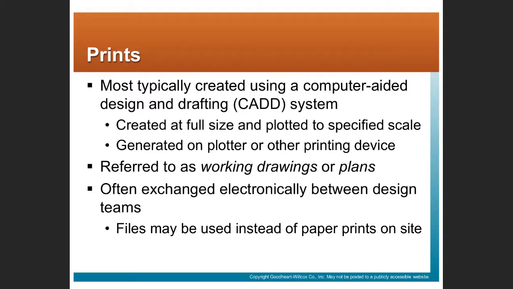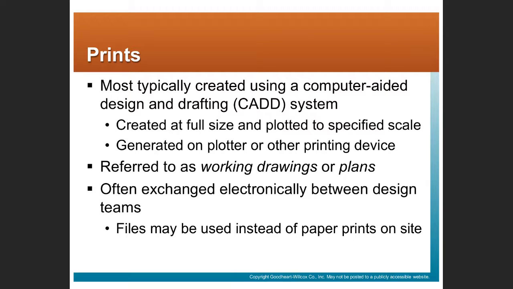Sorry, we saw earlier examples of blueprints and blue lines. I remember a blueprint was a reproduction of a drawing that was drawn by hand. Right, nowadays very few drawings are still done by hand. Most of them are done on some kind of CAD system, computer-aided design, or CADD, computer-aided drafting system.